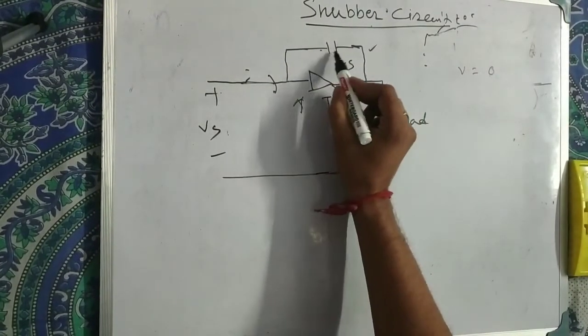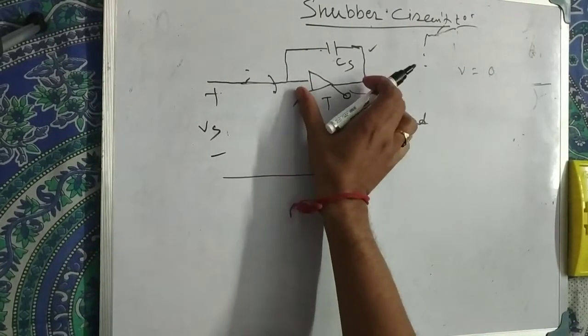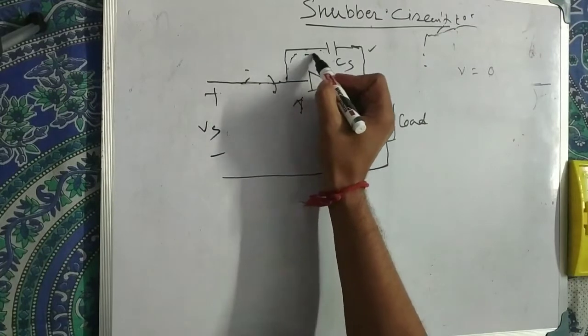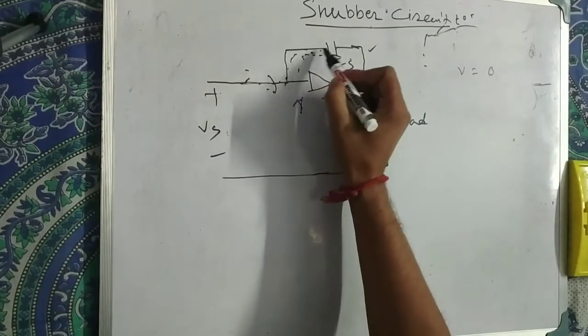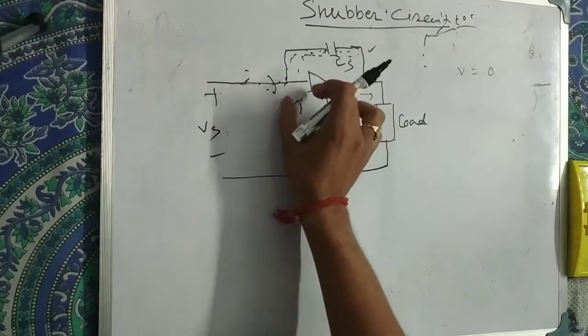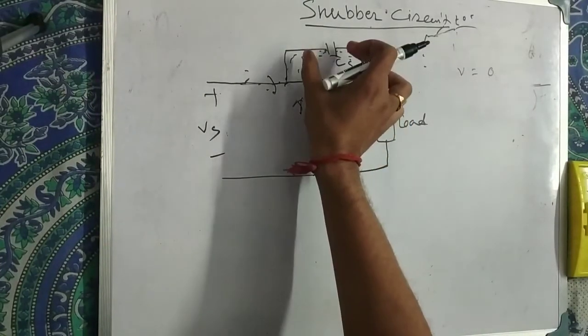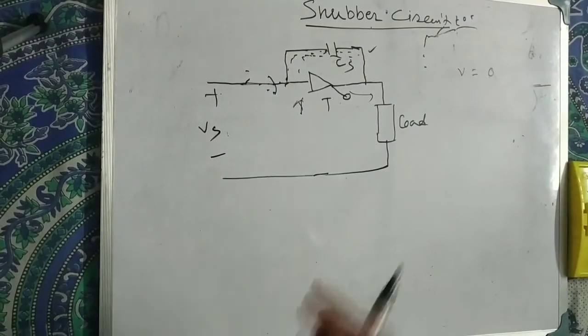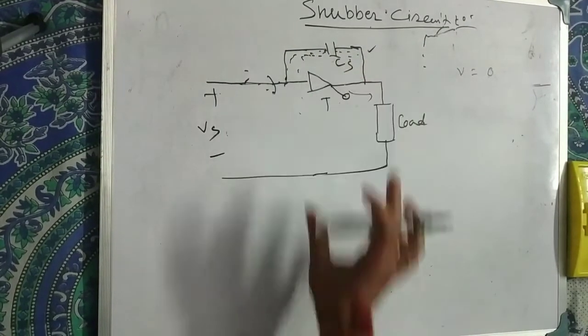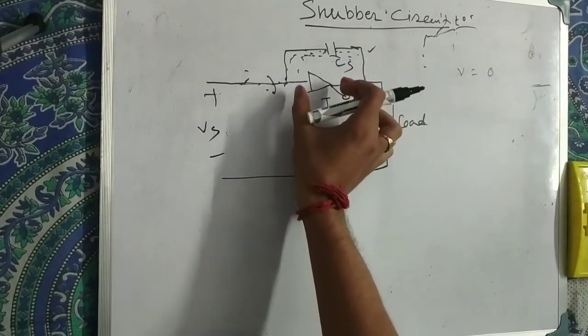So there is a short circuit path across this SCR, and current will flow through it, which means the capacitor will charge. So the high dv/dt will not be across this SCR, it will be across the capacitance. So it is reducing the high dv/dt across this SCR.